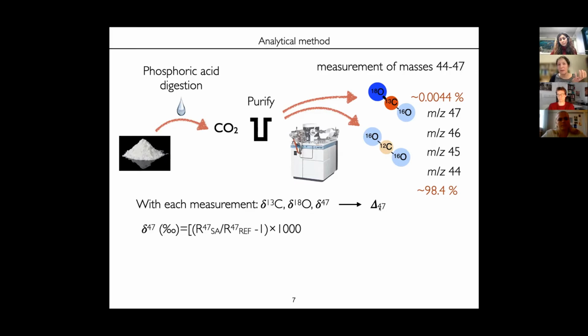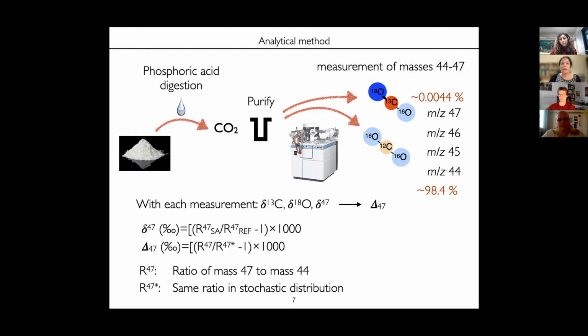That's our random mass 47 signal. And then we compare that to what we actually measure in the sample. So that gives us this capital delta 47, which is basically the ratio of the measured mass 47 abundance compared to what we calculate as a random occurrence of this mass. And we report that in the normal delta notation.